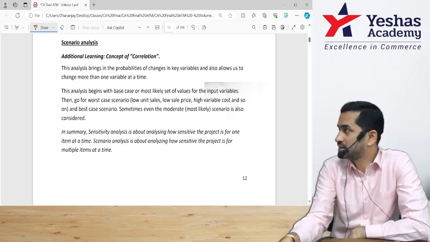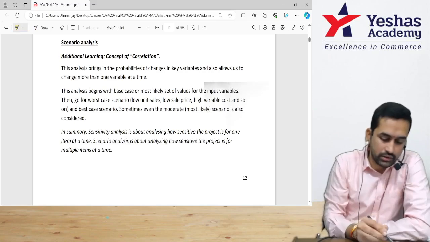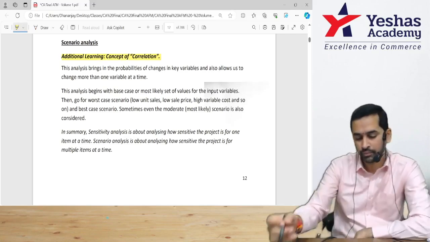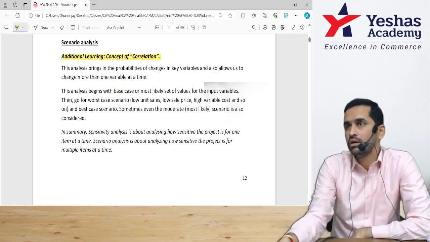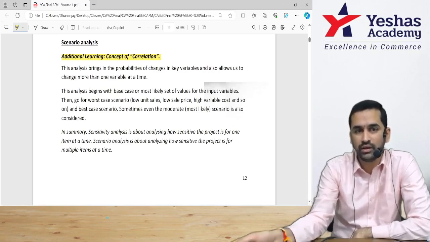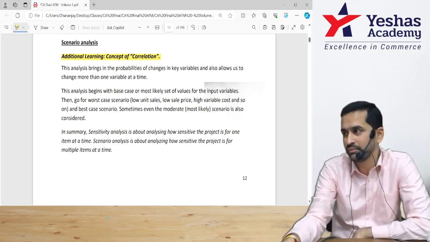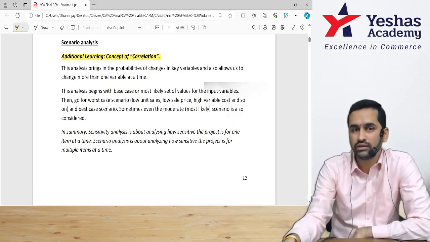But before we understand scenario analysis, there is something from statistics that we should learn first. Concept of correlation. Do you remember the topic name? Yeah, the one that many did not like, especially the regression part. Anyway, you don't have regression here, but at least you have correlation.